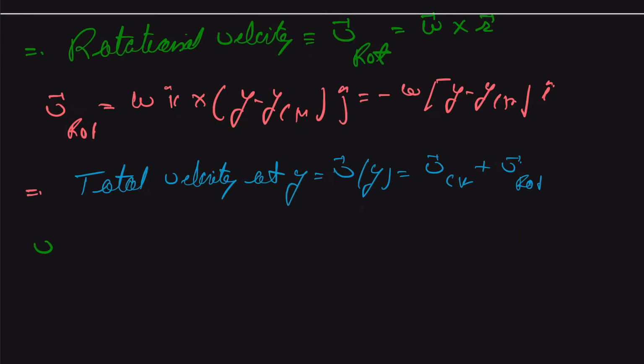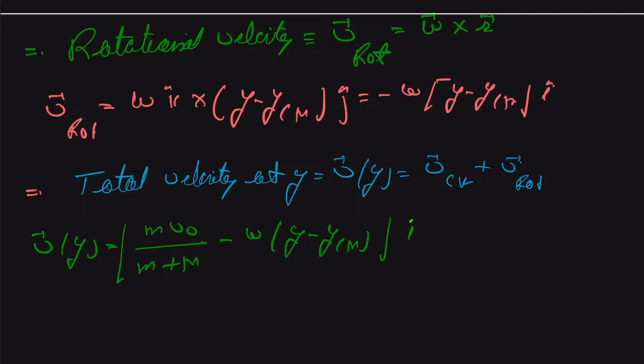So we get v of y is equal to m times v naught over m plus capital M, minus omega times y minus ycm, and both are along the i direction.